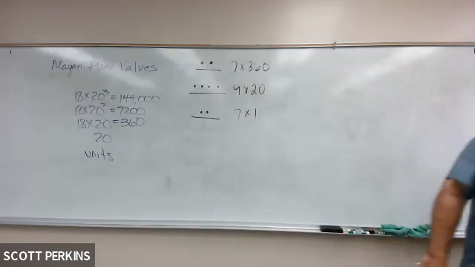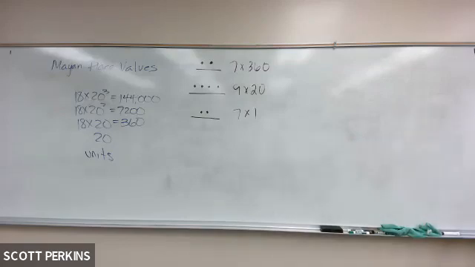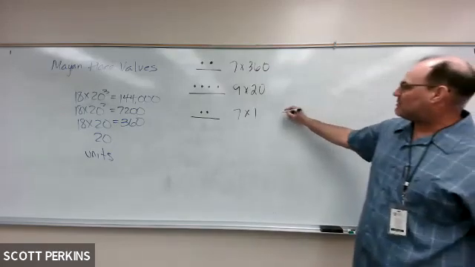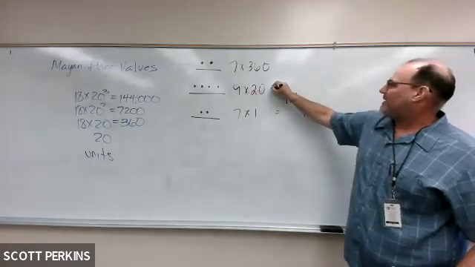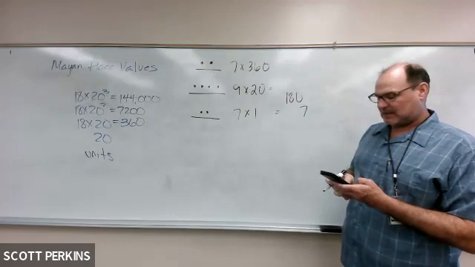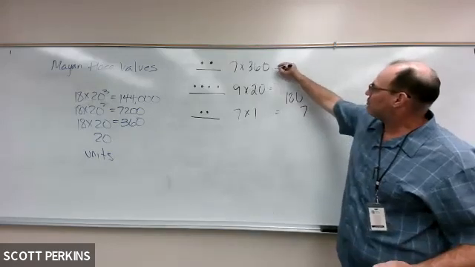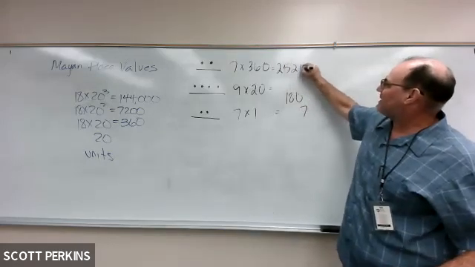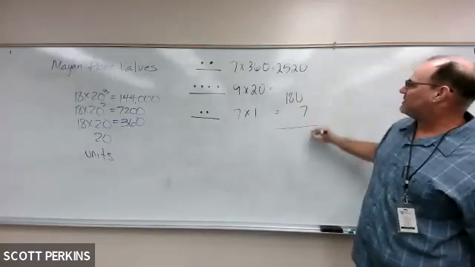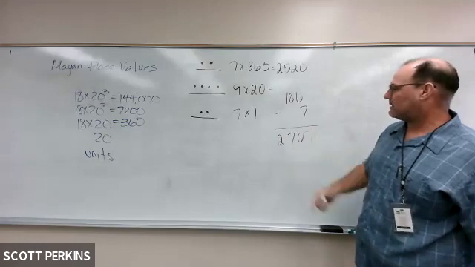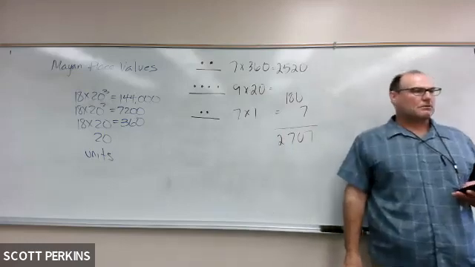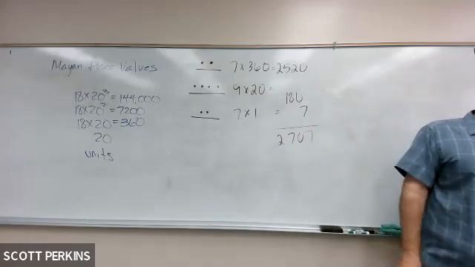And I go ahead and multiply these things together and come up with my answer. 7 times 1, I can do that one. And then 9 times 20 is 180. And then 7 times 360, 2,520. Perfect. And when I add those up, we have 2,707. Great.